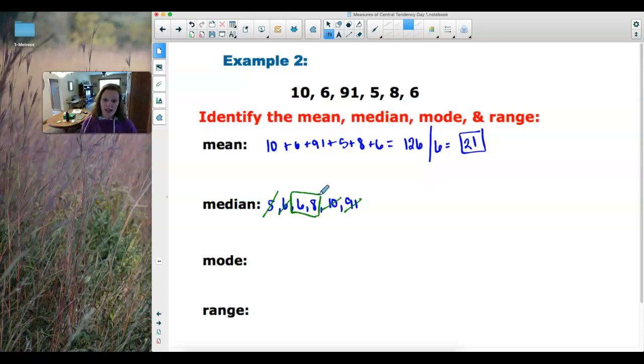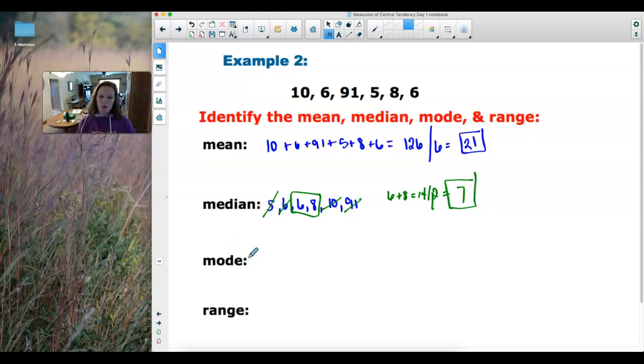We cannot have two medians. So we have to find the average of those two numbers. So I need to do 6 plus 8, which is 14, divided by 2, which is 7. So the median of this data is 7.